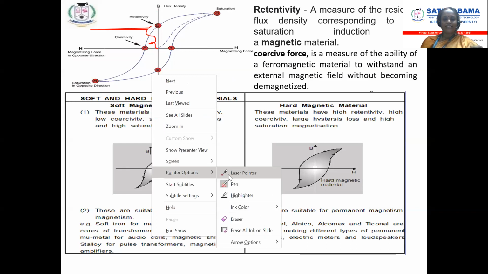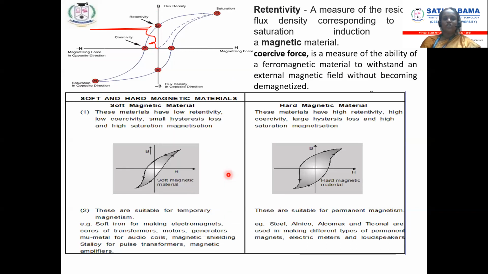You have to understand how to choose between them. Soft iron magnetic material is mainly used in transformers, motors, generators, audio coils, pulse transformers and amplifiers. Loudspeakers, electrical meters and permanent magnets use hard magnetic material.